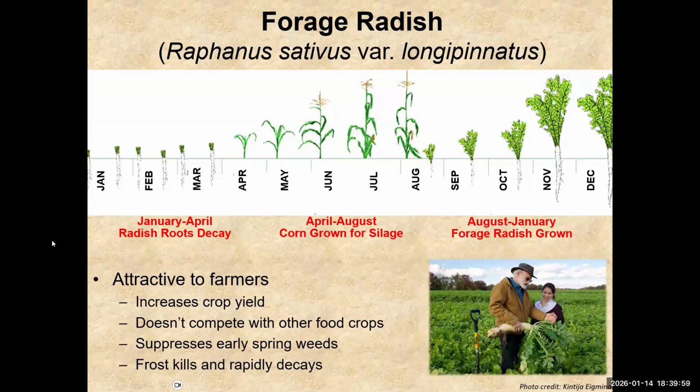So I have conducted research looking at ways to increase biogas production of dairy manure-based digesters. And some of my research has been focused on investigating this forage radish cover crop as a renewable form of energy and using this cover crop as a co-feedstock to increase biogas production of a dairy manure-based anaerobic digester.